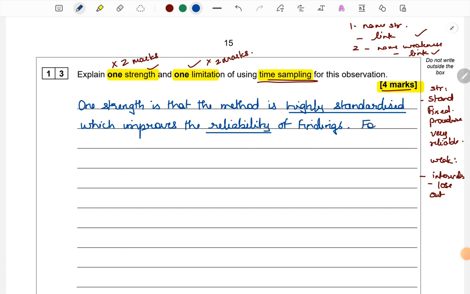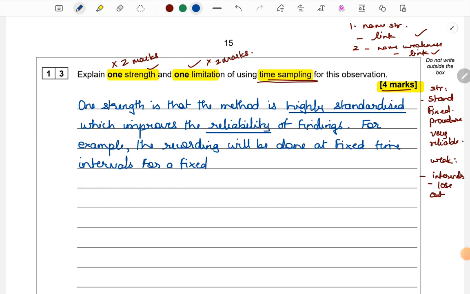So for example, the recording will be done at fixed time intervals for a fixed total duration, maintaining consistency in recording social behavior of each child.